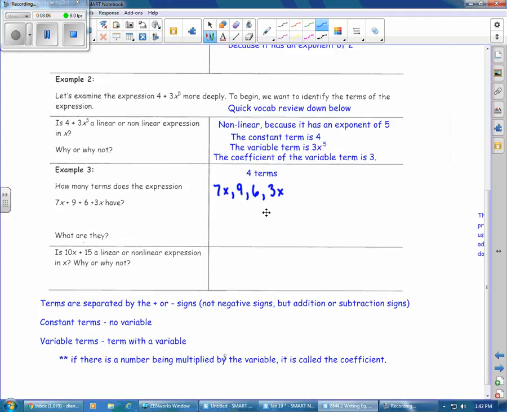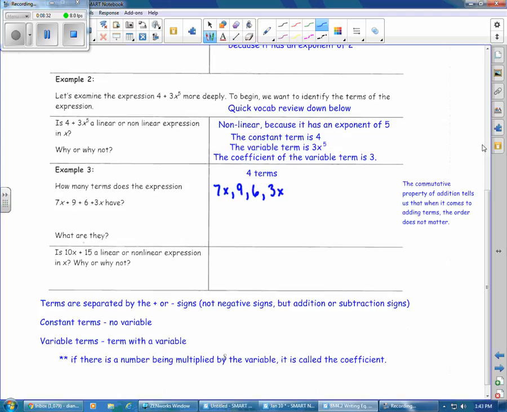Now, we could rewrite this expression. We could simplify it by combining like terms. What we can do is use the commutative property of addition to rewrite the expression so that the terms that are like are next to each other. It makes combining them a little bit easier. And hopefully you remember that the commutative property of addition tells us that when it comes to adding terms, the order does not matter.